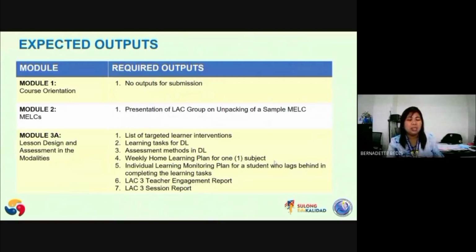So, in summary, here are now the expected outputs from Module 1 to 5. For Module 1, which is the course orientation, there are no outputs to be submitted. Module 2, the required output is the presentation of LAC group on unpacking of a sample MELC. Module 3A, there are so many required outputs.